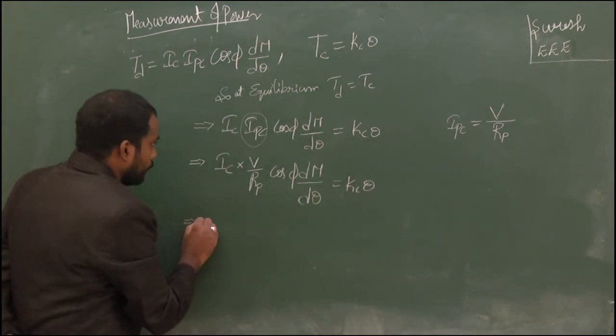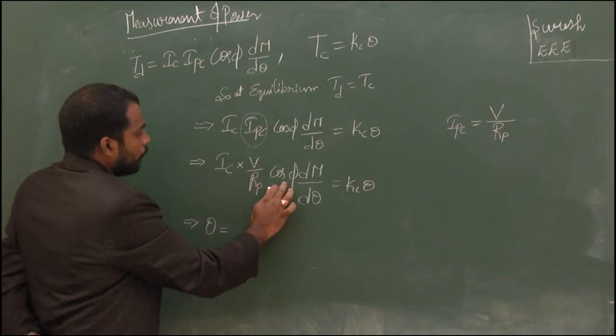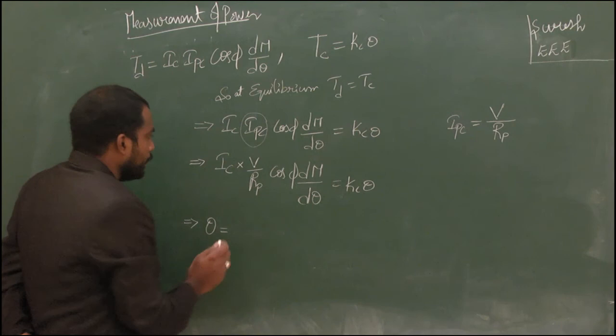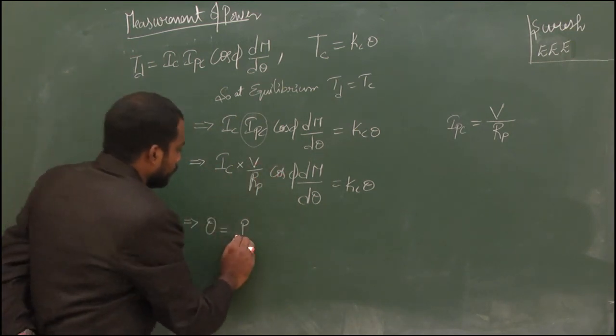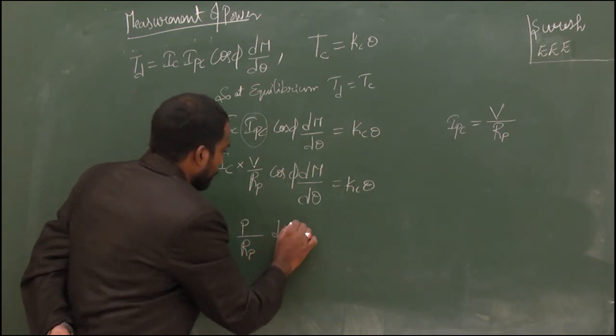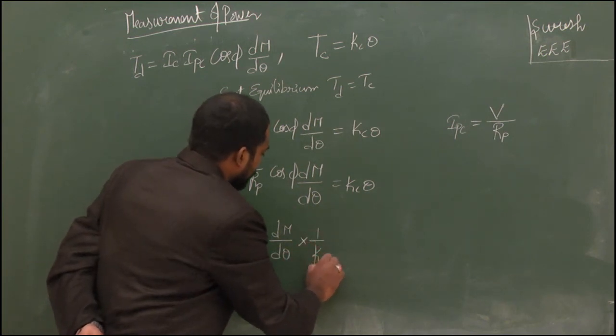So theta is equal to, see here, V I cos phi. V I cos phi is nothing but power. So theta equals V by Rp dM by d theta into 1 by Kc.